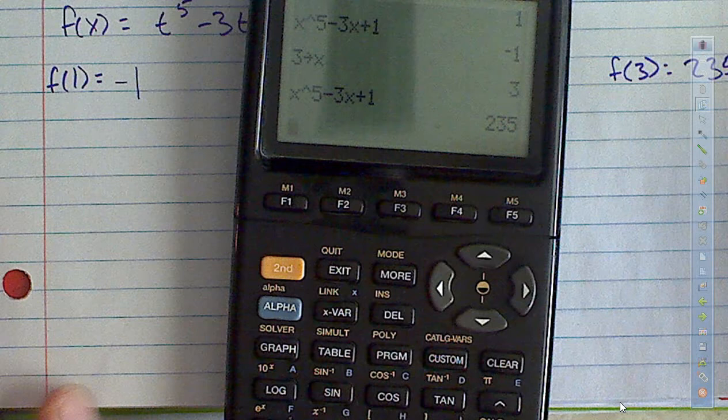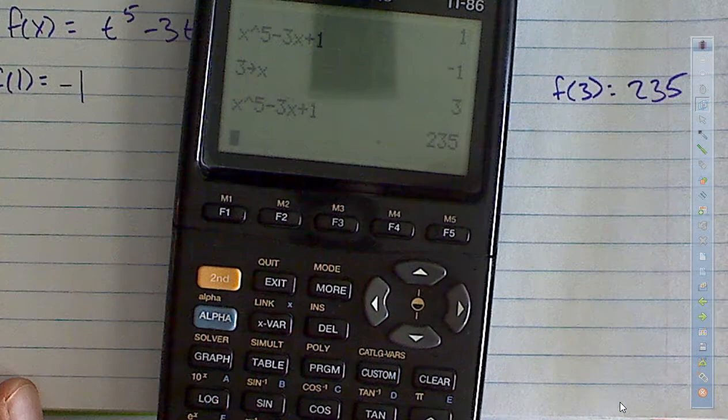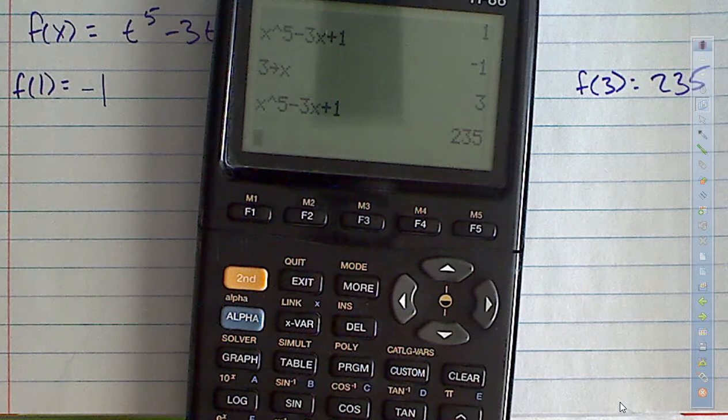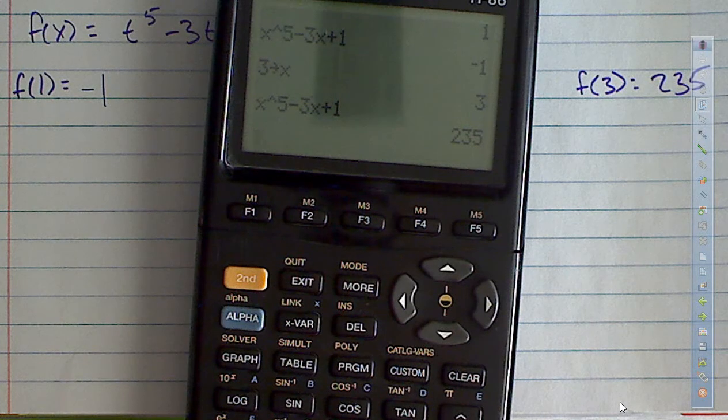So let me go help Michael here. Second enter, if you're using Reese's calculator, you arrow up 3 times and hit equals. You stored it for the wrong x. You stored it for capital X. You need to do 1 store x.